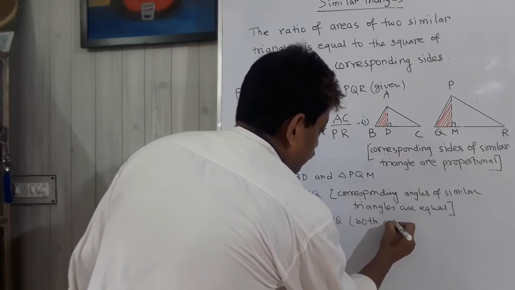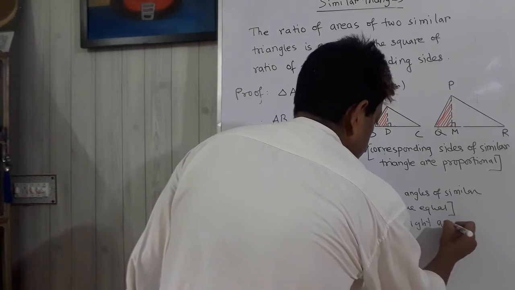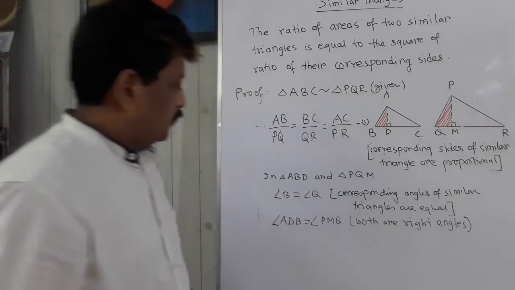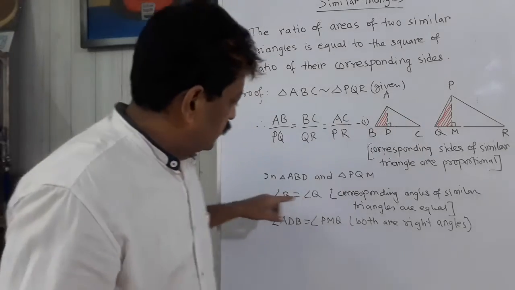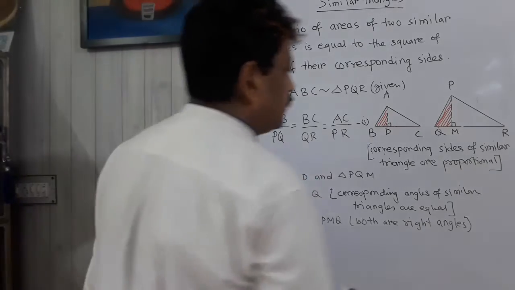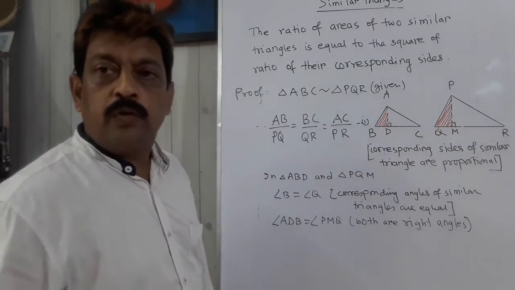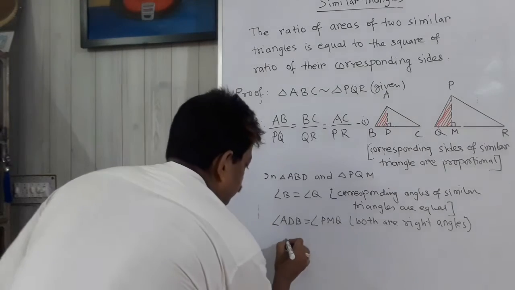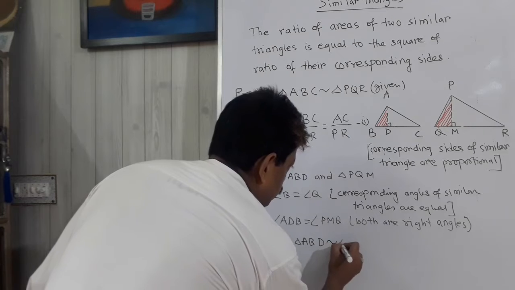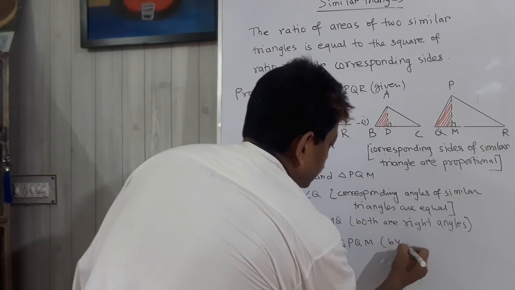Both are right angles. So in these two triangles, we have two angles equal. So by AA similarity criteria, we can say that triangle ABD and triangle PQM are similar. Therefore, triangle ABD similar to triangle PQM by AA.